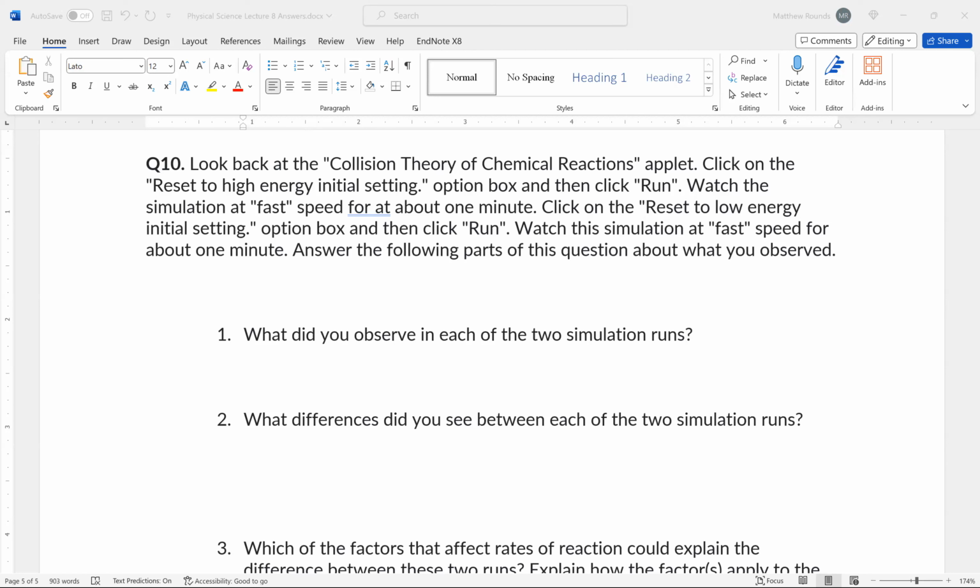Okay, yeah, so on the second one though, they don't break apart. Wait, what? I'm sorry. In the second there was reset to high energy, reset to low energy. Yeah. So we need to put that into words here.